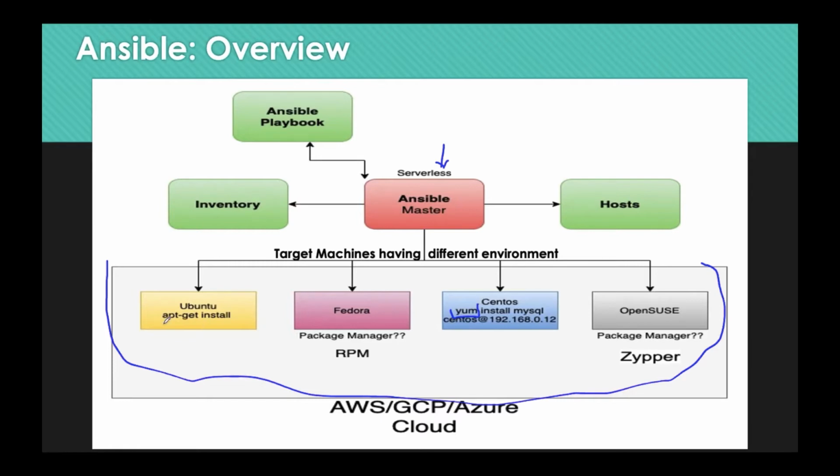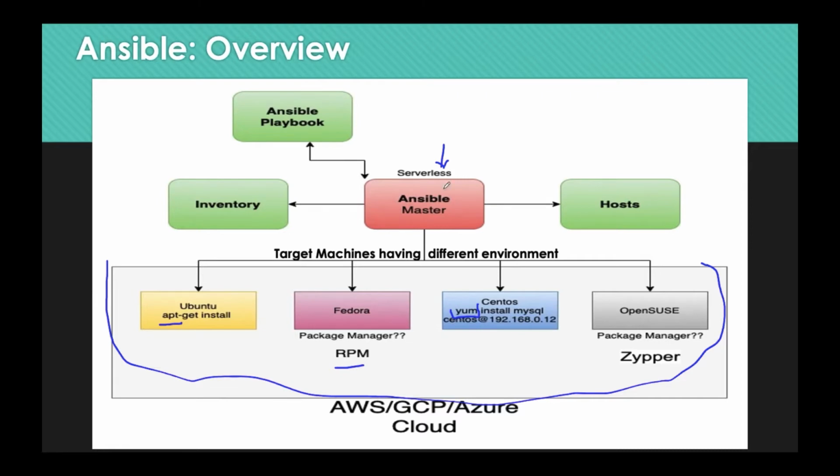Similarly, on the other hand, an Ubuntu machine uses apt to install packages. In Fedora, there is the RPM package manager, which is used to install packages on the Fedora-based Linux operating system. There are some other open source operating systems as well. These are all Linux operating systems having different flavors.